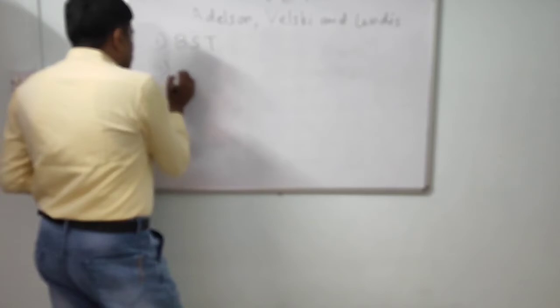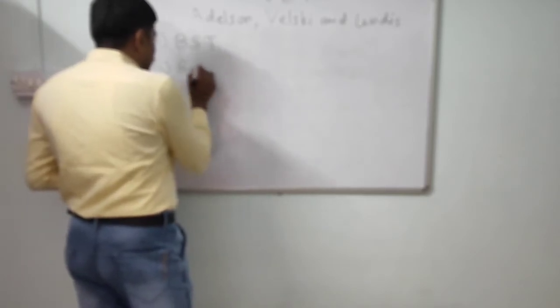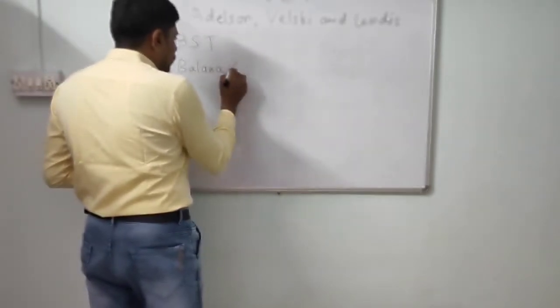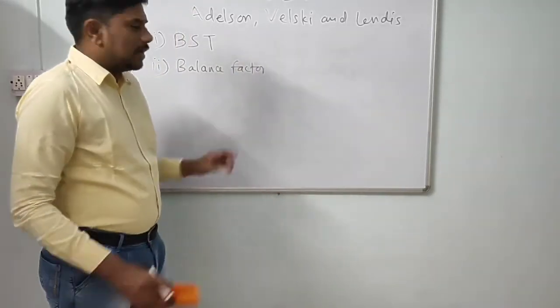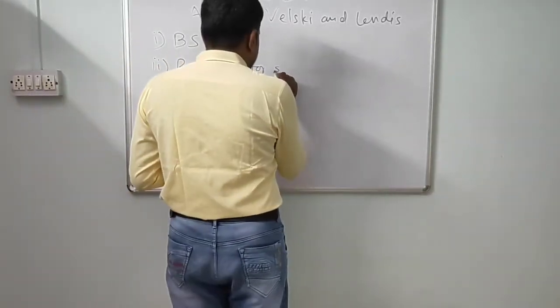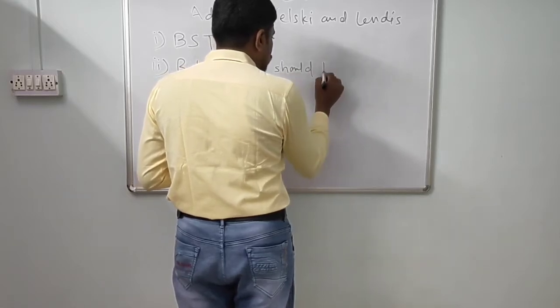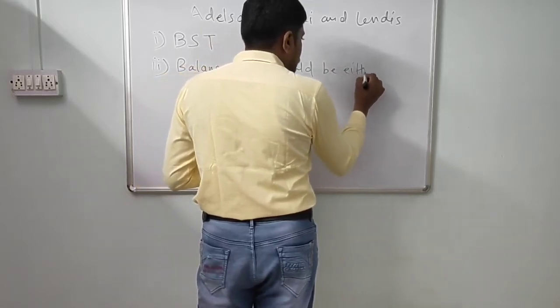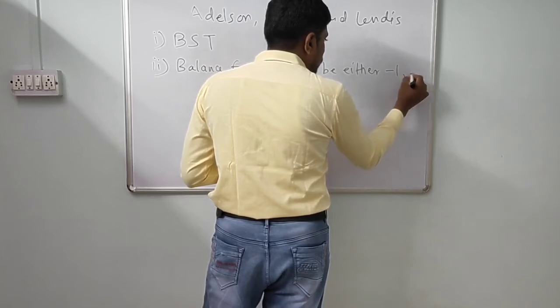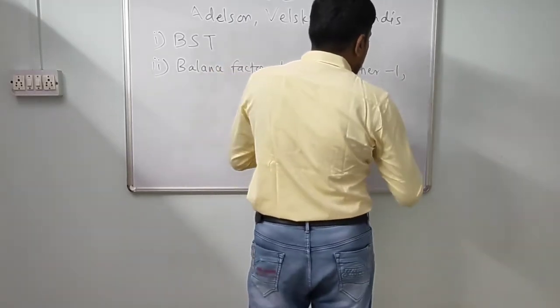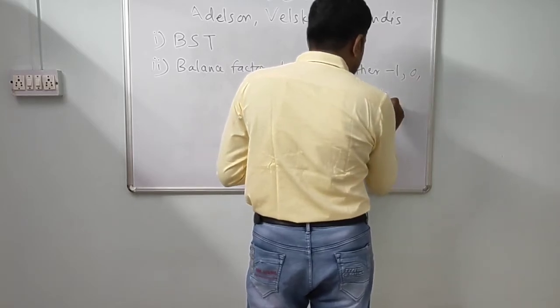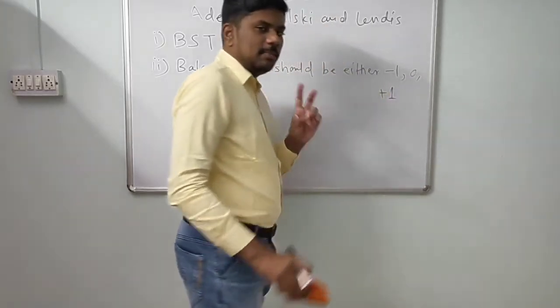And what is second? There is a concept of balance factor in case of AVL tree. That balance factor should be either -1, 0 or +1. There are only three possibilities.